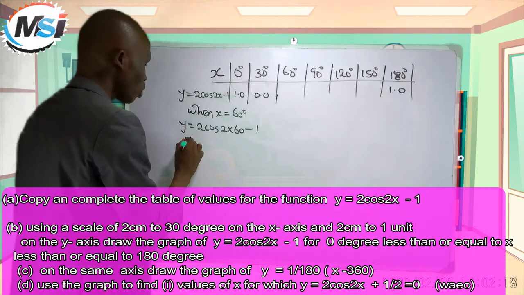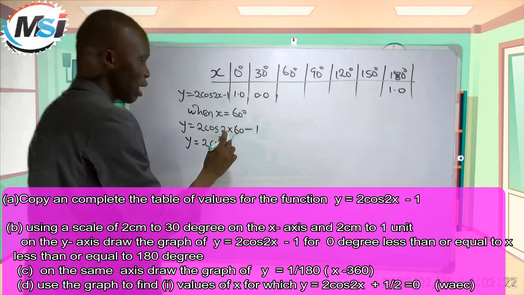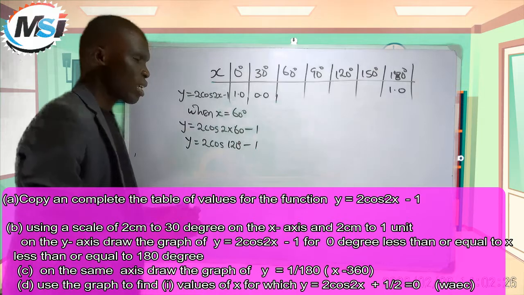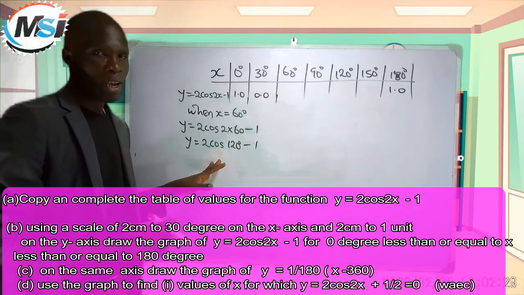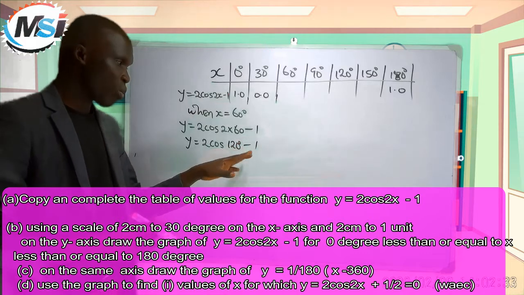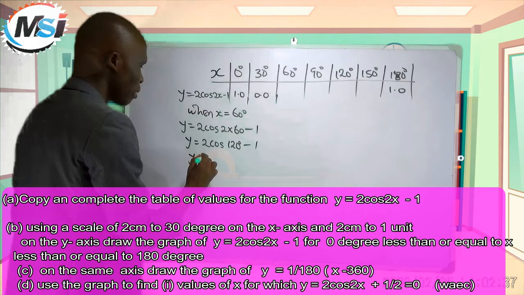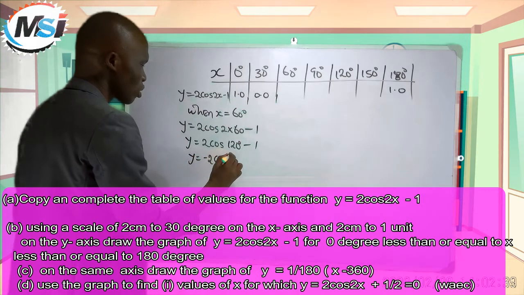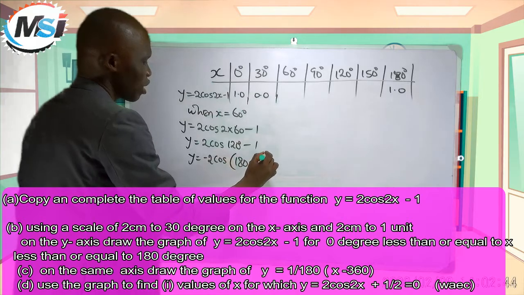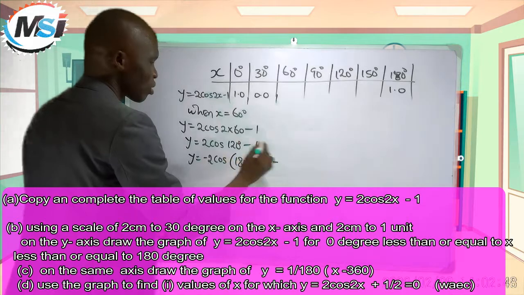Now this will give us y equals 2 cos 60 times 2, which gives us 120 degrees, minus 1. Now you do something here and you don't need to get confused. Since this is not up to 180, we are going to have y equals minus 2 cos 180 minus 120. Remember, the angle on a straight line is always 180 minus this one.